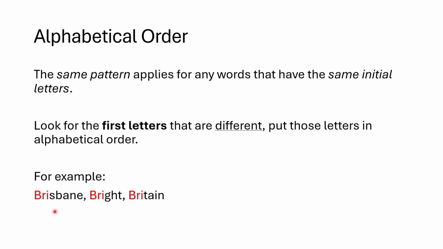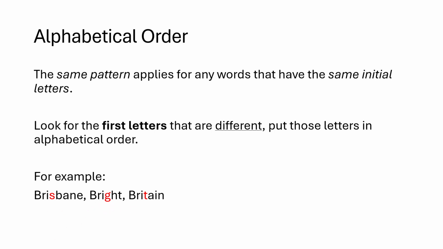For example, Brisbane, Bright, Britain. The names of these places all begin with the letters B-R-I. The fourth letters of these words are different.